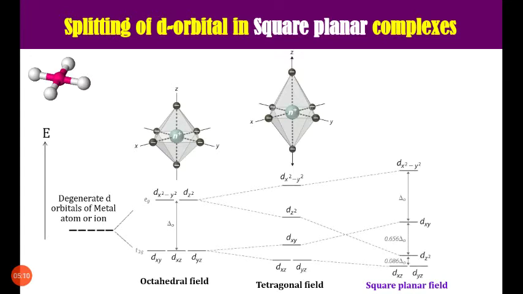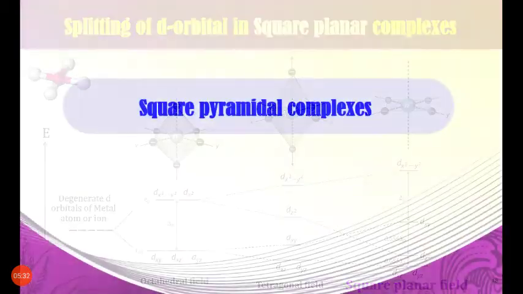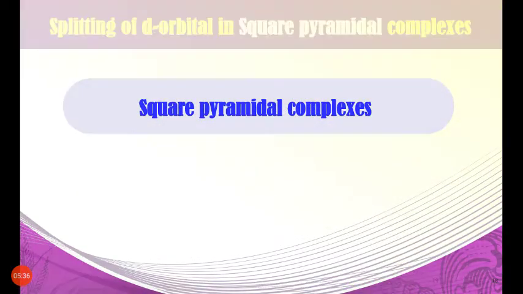See, this is the splitting of d orbital in square planar field, and this is the geometry. Very simple, we just have to see some steps. First step, degenerate d orbital, then we go for octahedral, tetragonal, and at last square planar field. Okay. Now the next complex or geometry we will see is the square pyramidal complex.